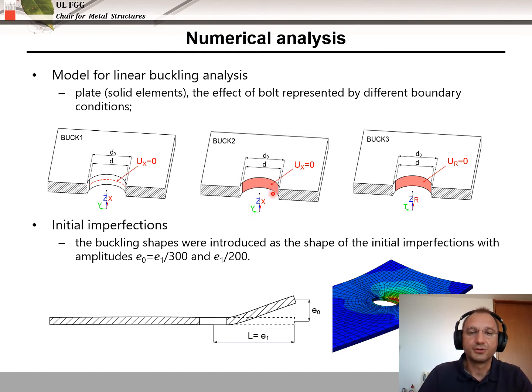With buck 2, the whole surface of the hole wall was supported in X direction, while in buck 3, the nodes on the hole wall were supported in polar coordinate system. The initial imperfections were considered as the buckling shapes that resembled curling failure and were introduced by two different amplitudes, end distance over 300 and end distance over 200.